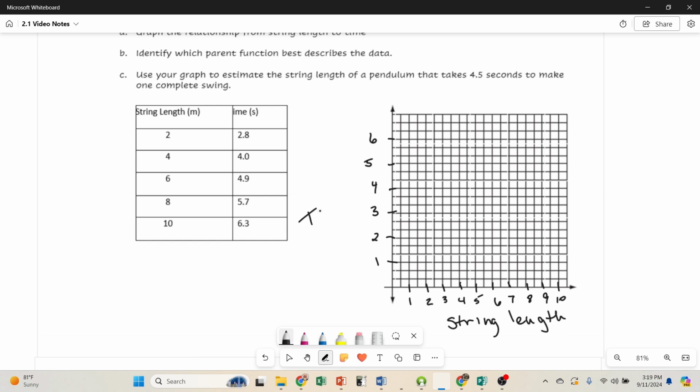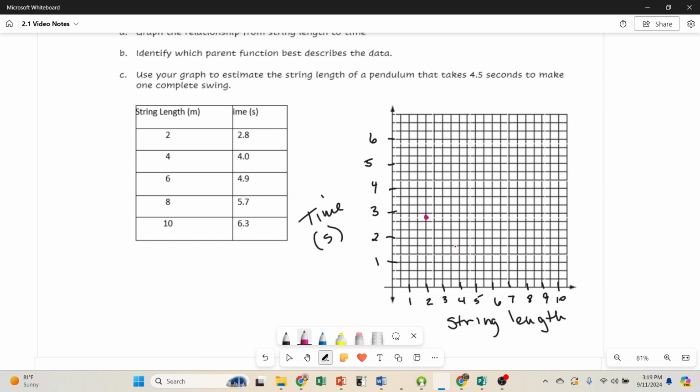And this is time in seconds. So let's plot this. At 2 meters in length, it takes 2.8 seconds. So here's 1, here's 2, and that's going to be approximately here.